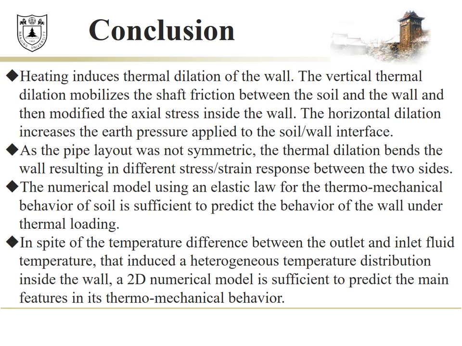The horizontal dilation increases the earth pressure applied to the soil wall interface. Second, as the pipe layout was not symmetric, the thermal dilation bends the wall, resulting in different stress strain response between the two sides.